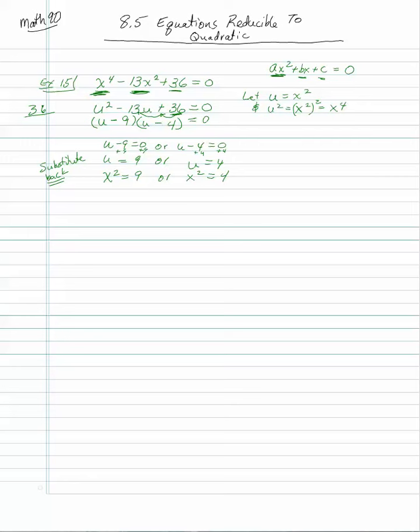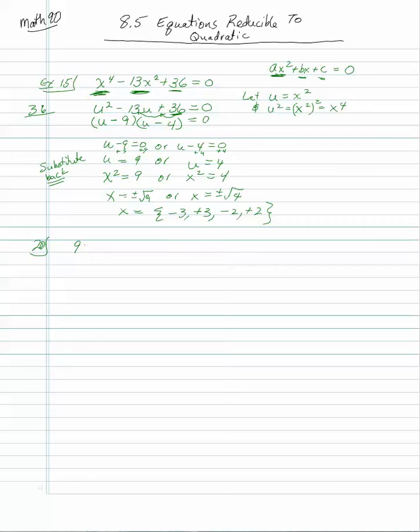We can square root both sides. So x equals plus or minus square root of 9, or x equals plus or minus square root of 4. So we get four answers. x is plus or minus 3 and plus or minus 2. So there you go.